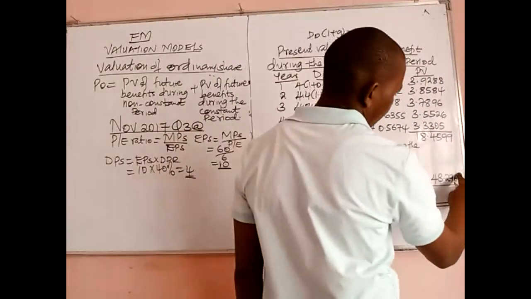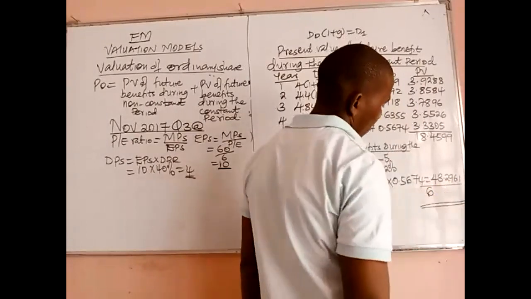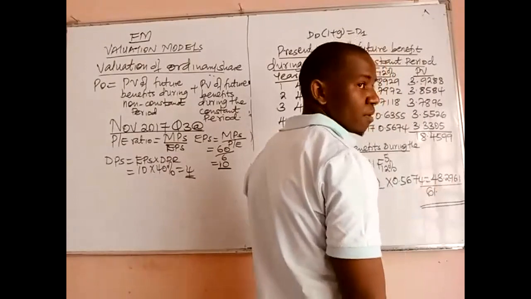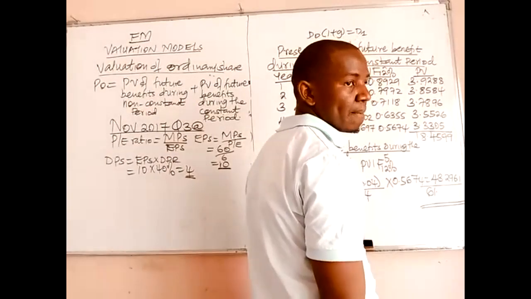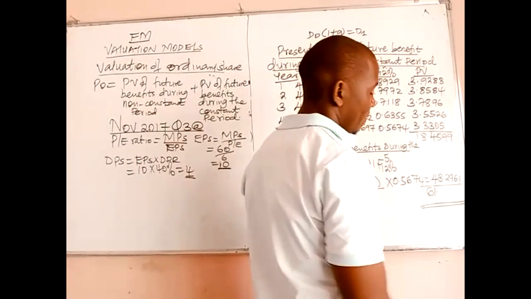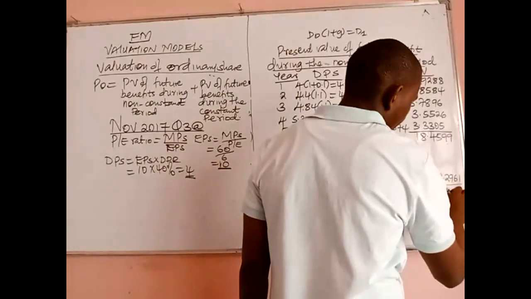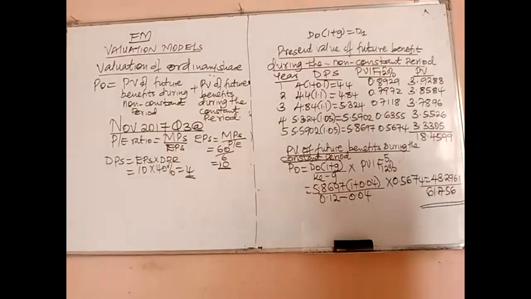So you get the total here with me. 361. 1.75. 1.756.